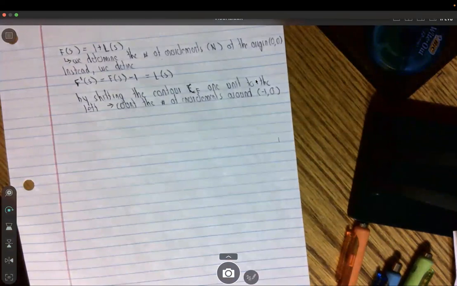So that's 1 shifted over to the left because it's a lot easier to calculate.